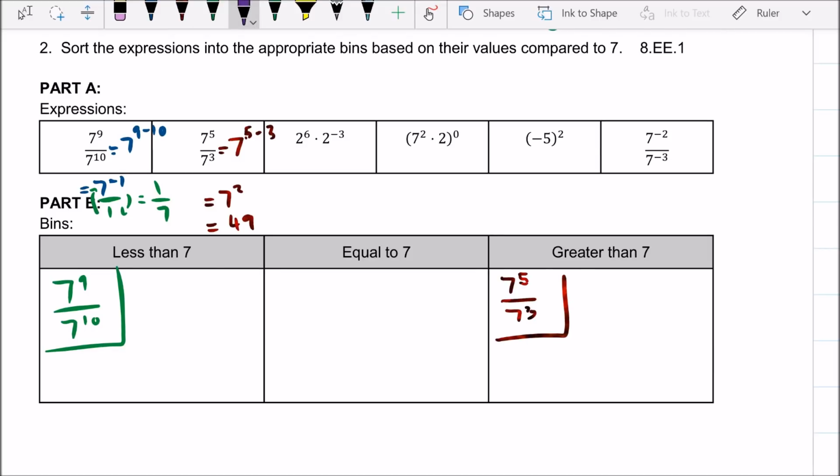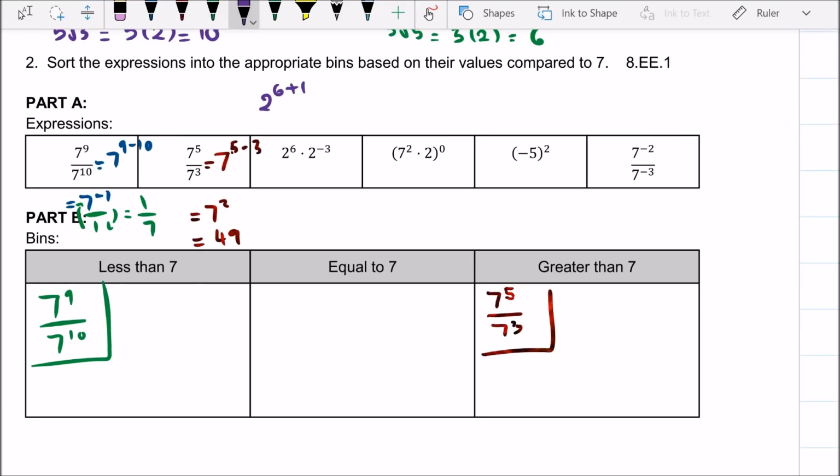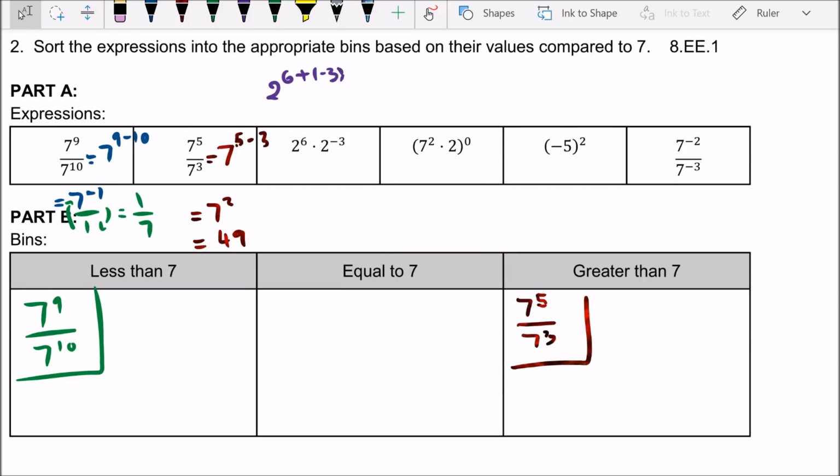Alright, the next one, 2 to the 6 times 2 to the negative 3. I'm going to move it up here, 2 to the 6. Since it's multiplication, when we multiply powers with the same base, you add the exponents.